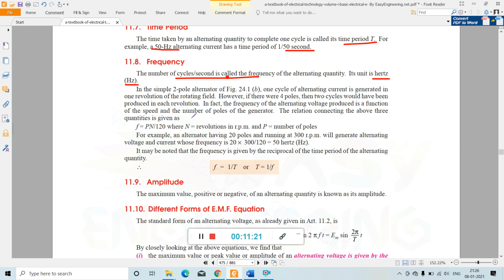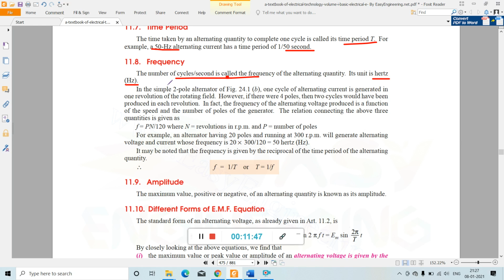So we can write the relation connecting the above three quantities: poles, speed, and frequency. So f is equal to Pn by 120, where n is the speed in rpm and P is the number of poles. In simple language, frequency is the number of cycles per second.